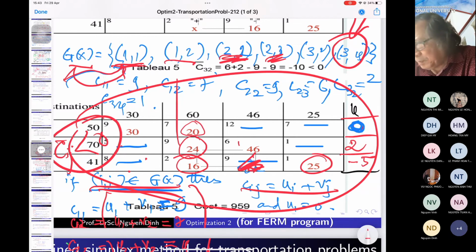Group 2, with people here: Trà My, Minh Quân, Nguyễn Anh Thư, Nguyễn Thị Minh Thư, and Lê Phạm Hoài Thương. At least this group can make a presentation. Try it. Okay. Hello, Nguyễn Thị Minh Thư, Nguyễn Minh Quân. Yes, you are there. Okay, try it.